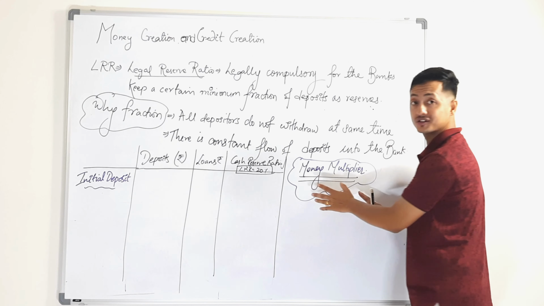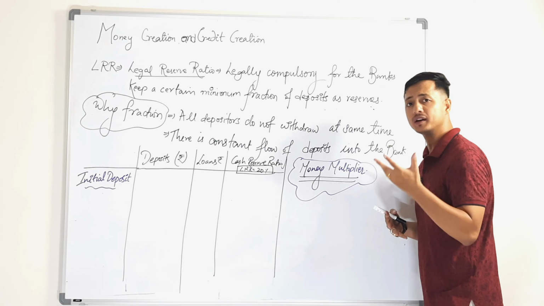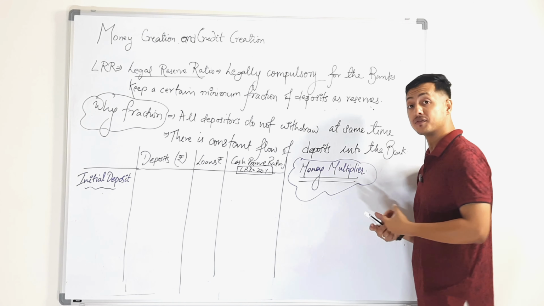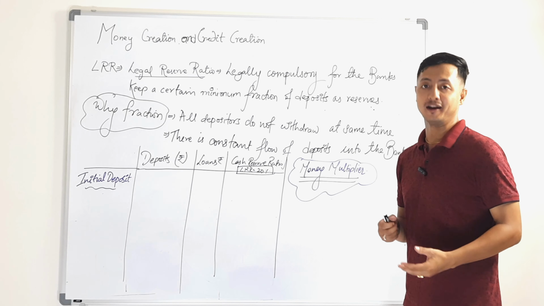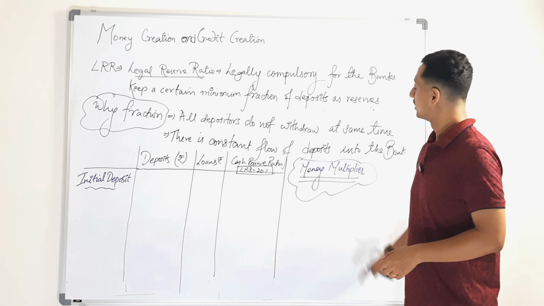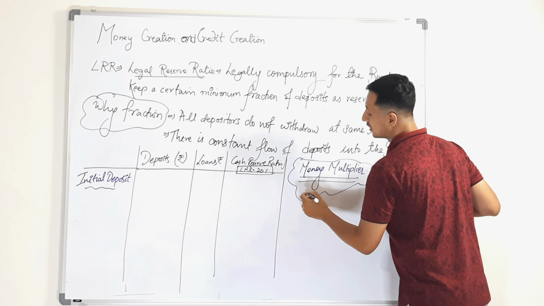Now we will come across the term called money multiplier, right? So what is money multiplier? It's the number of times that the initial deposit is multiplied, right? So let's say LRR is 20%.